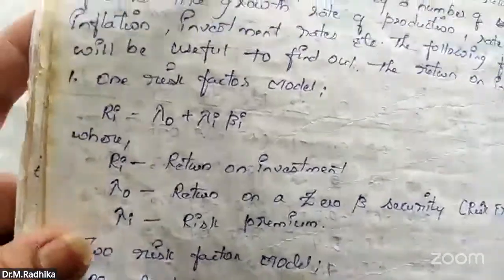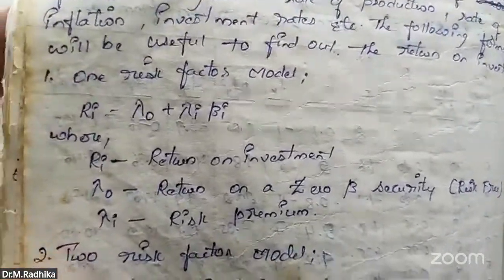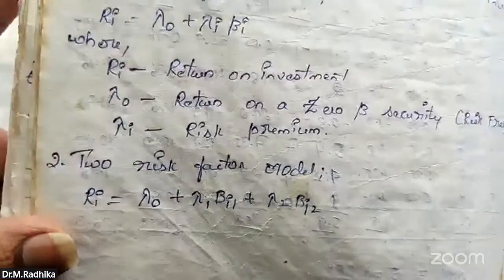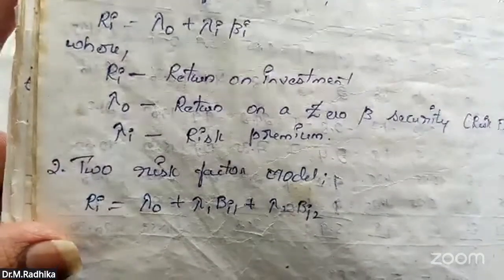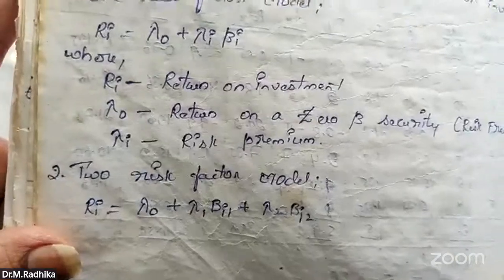Ri is nothing but return on investment, return on zero securities, and risk premium. For two security factors: lambda naught plus lambda 1 beta i1 plus lambda 2 beta i2. So this is the formula. Arbitrage.